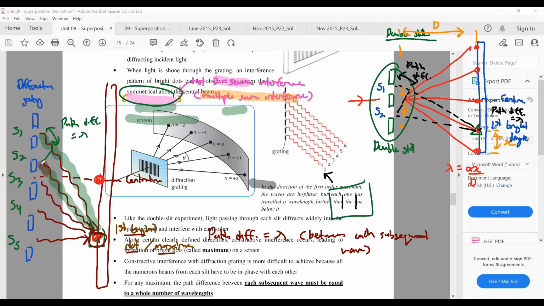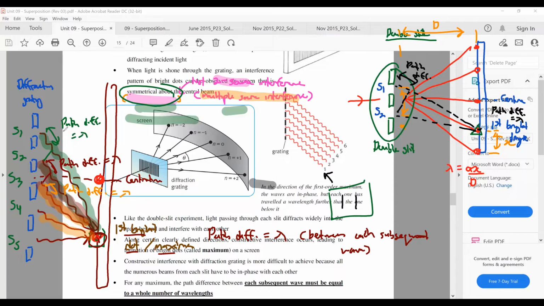And then for wave S2 and S3 to arrive at that same spot, the path difference again is lambda. And then for waves S3 and S4, when it arrives here, the path difference must be equal to lambda.